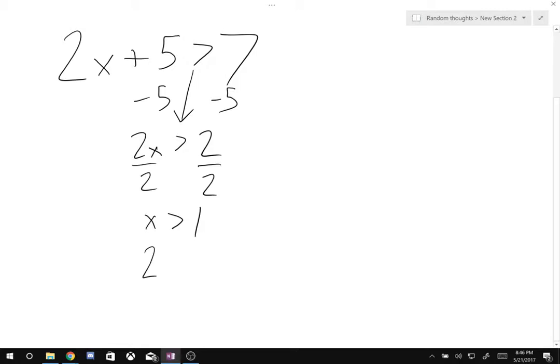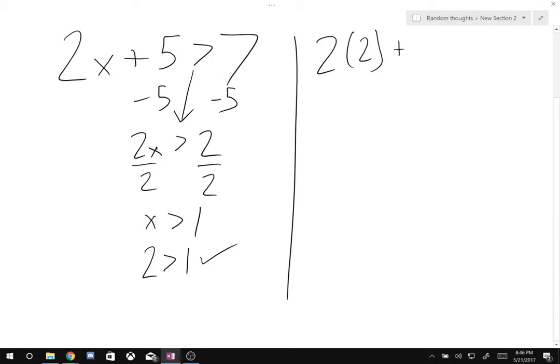So I'm going to use 2 because 2 is greater than 1. If I plug that in over here, we get 2 times 2 plus 5 greater than 7. Following our order of operations, that gives us 4 plus 5 is greater than 7, which ends up being 9 is greater than 7. And that is true.